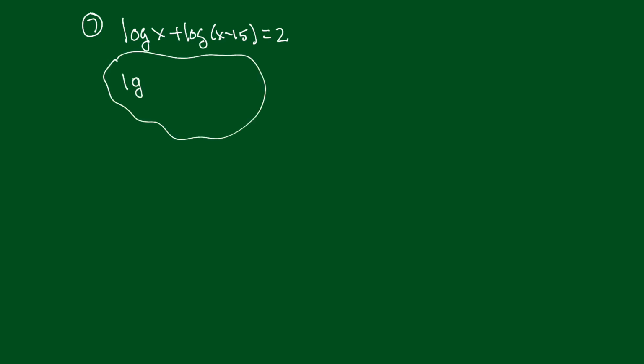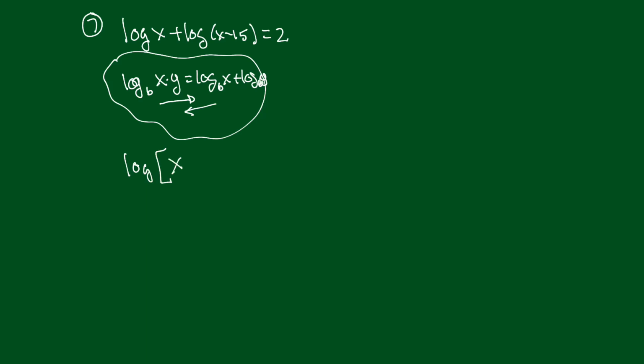If I have the log base b of, say, x times y, I get the log base b of x plus the log base b of y. Now, that's going that way. I can also go this way. So I'm going to have the log of the first times the second. So this is going to be the log, I'll use a bracket here.